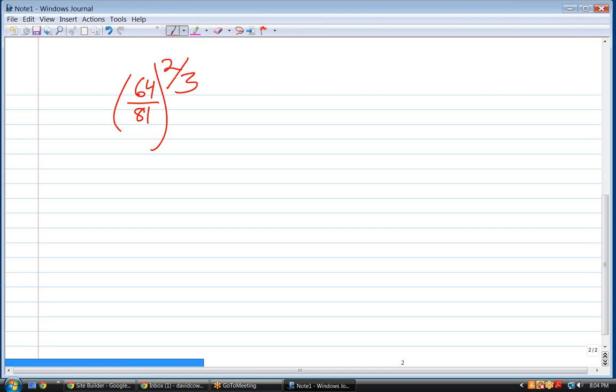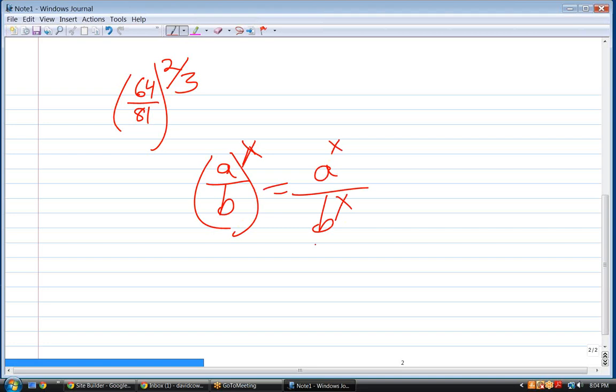What's important to realize is that (a over b) to the x is equal to a to the x over b to the x. So that's the situation we have here.